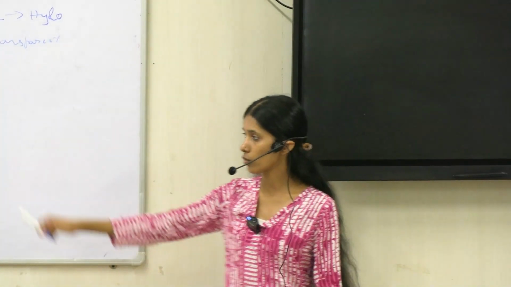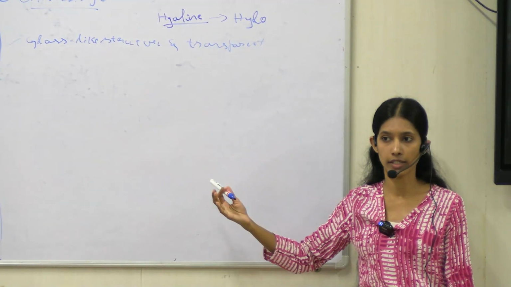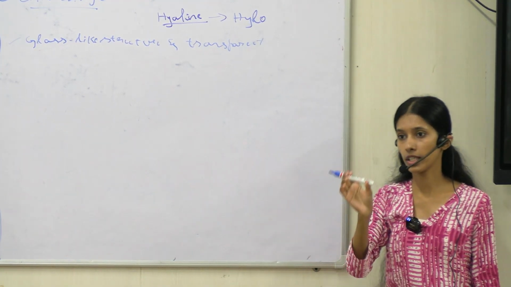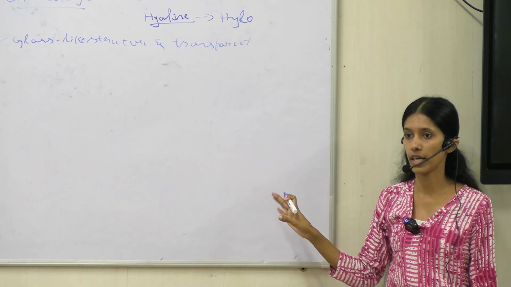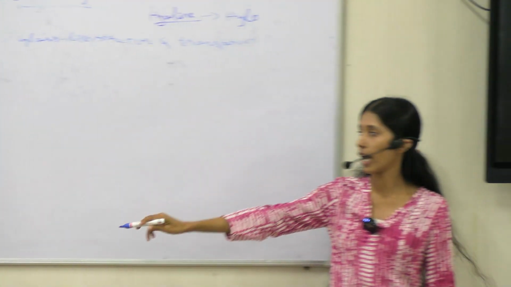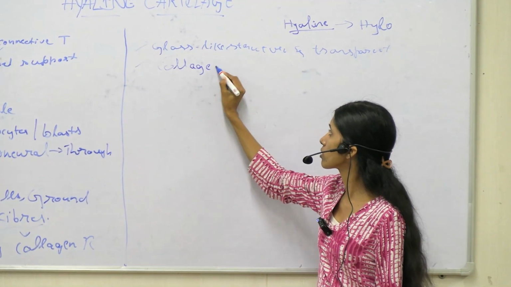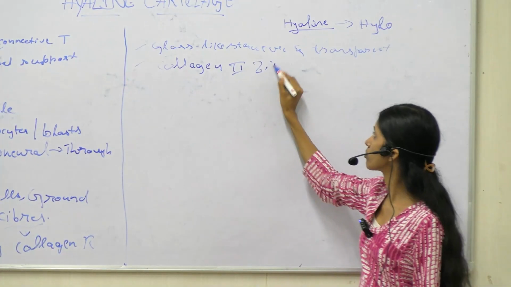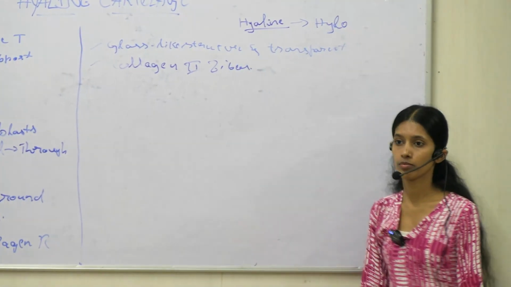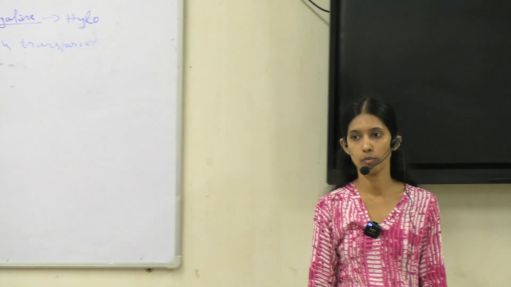The ground substance present here is specially called territorial matrix. When I draw the diagram, I'll explain it. The cell present here is the chondrocyte, and the fibers present here are mainly collagen type 2 fibers.